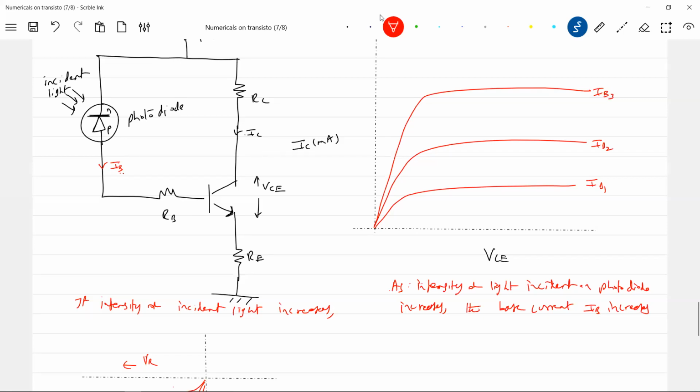As base current IB increases, so this should be the suitable curve. So I'll better write this as intensity of light I01. What are I01? So here I03 greater than I02 greater than I01.